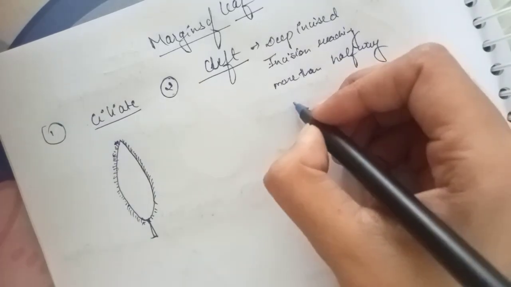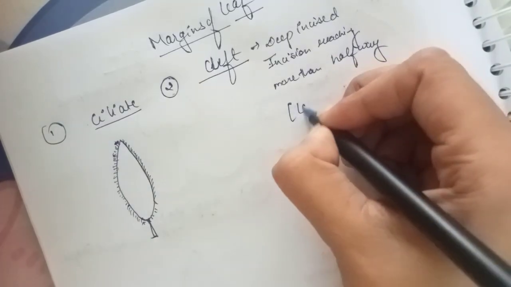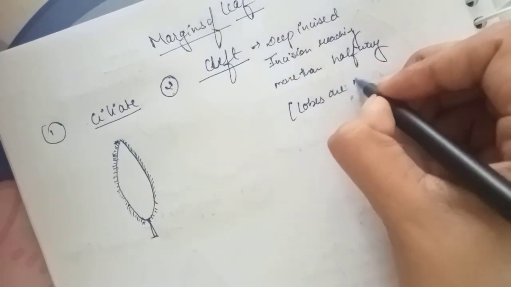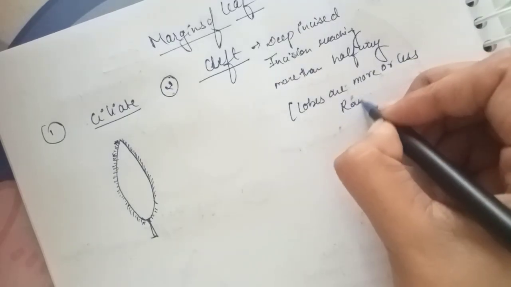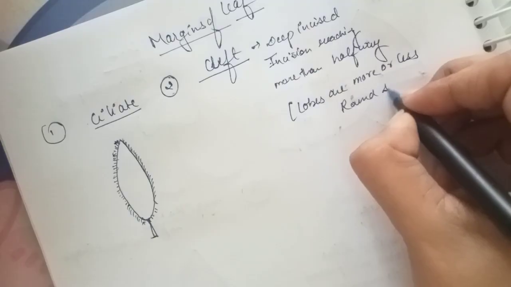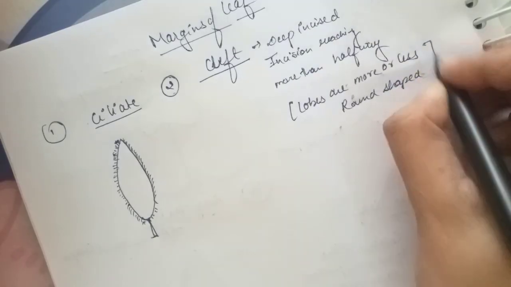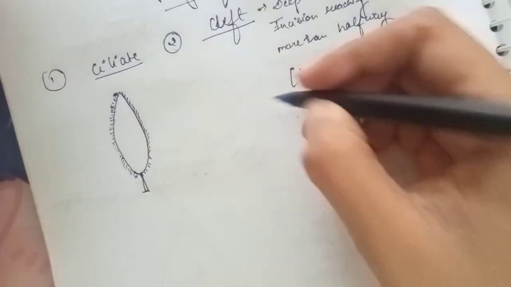And I would like to add, the lobes are more or less round shaped, and these are known as round clefts only. Let us draw, then you will be more clear.